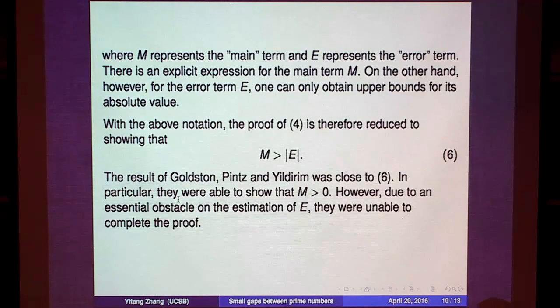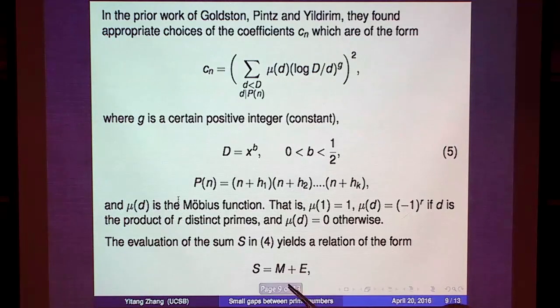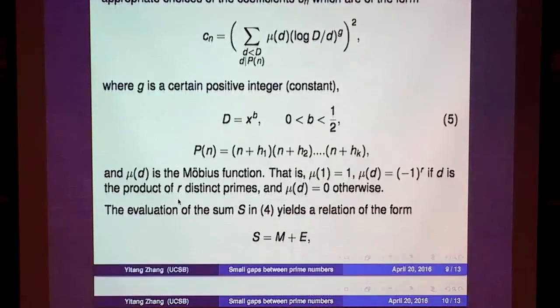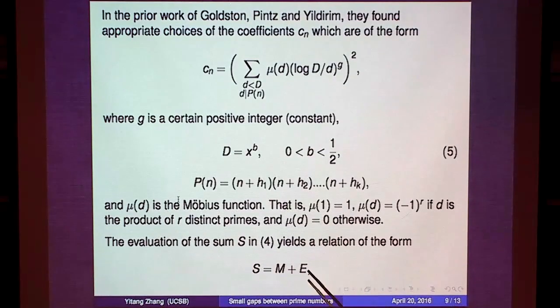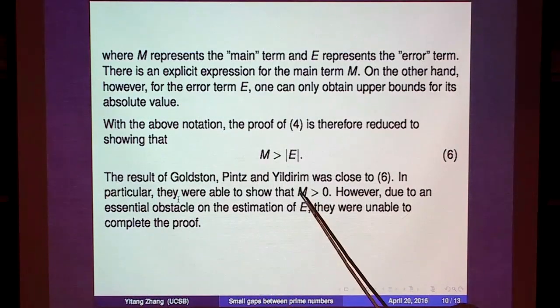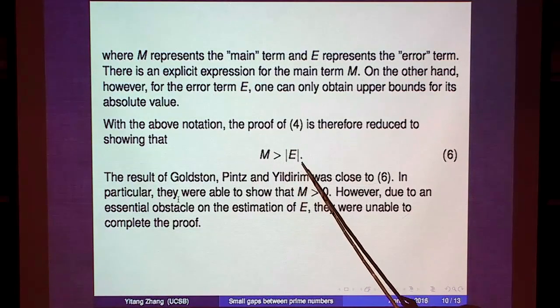Now, in mathematics, S is equal to the main term plus the error term. So in order to prove that S is positive, we just need to prove the main term is greater than the error term in absolute value. Then the sum is positive, definitely.